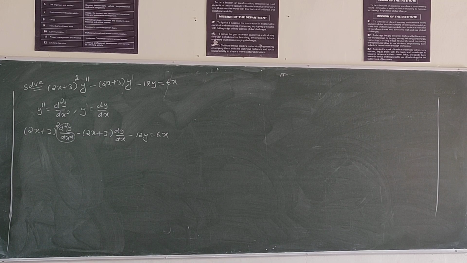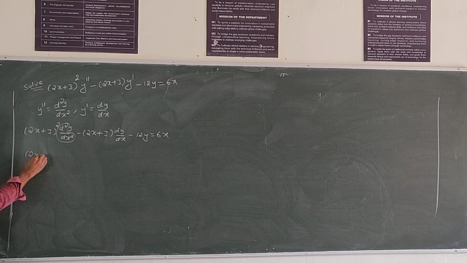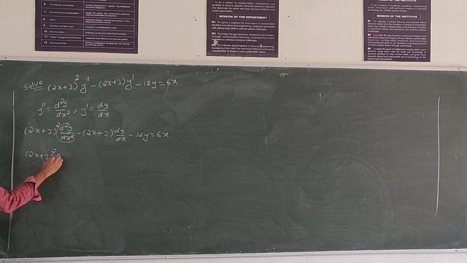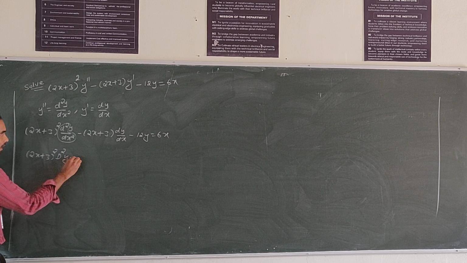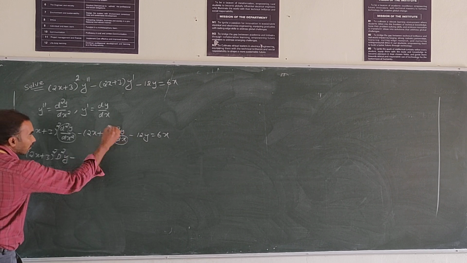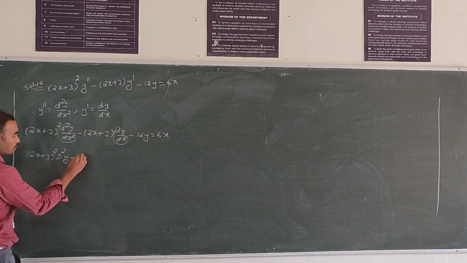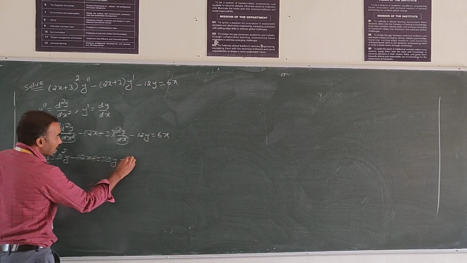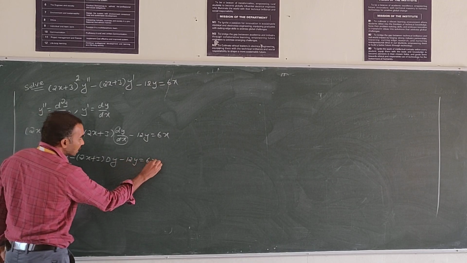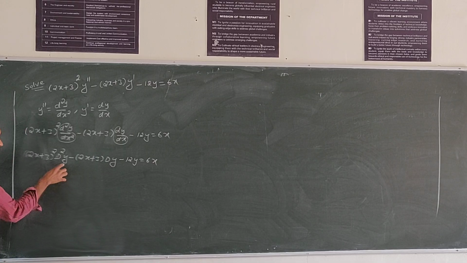So (2x+3) squared D² y minus (2x+3) D y minus 12y equals 6x.